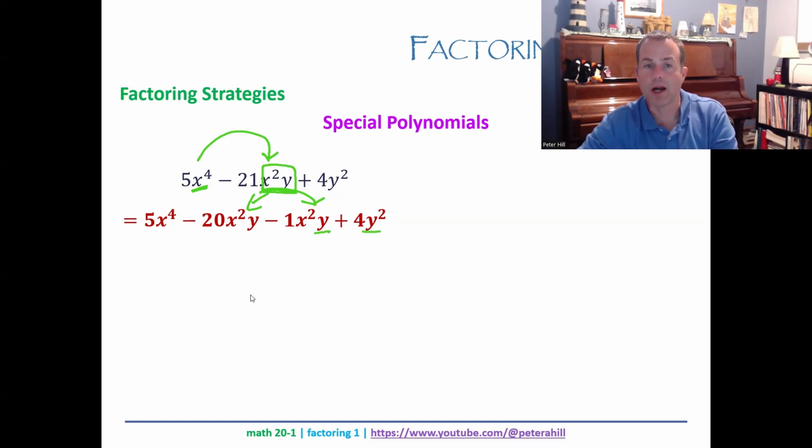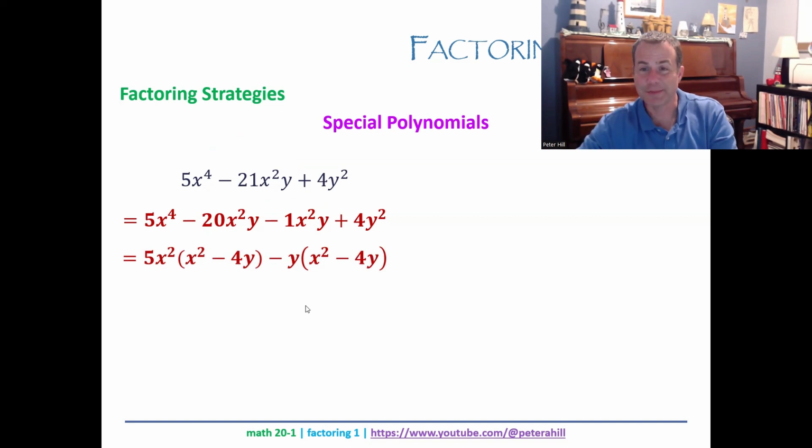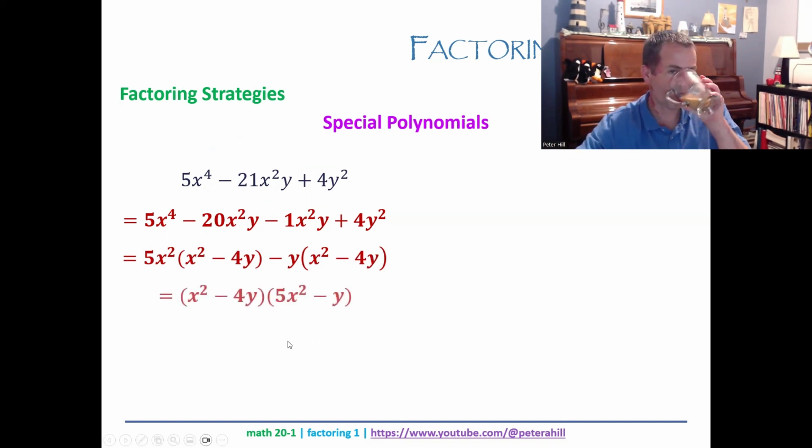So take out a -y, and that would leave me with x squared minus 4y. I can then see that the x squared minus 4y's are common to both of them. Pull that to the front, x squared minus 4y times 5x squared minus y. Awesome. We got this.